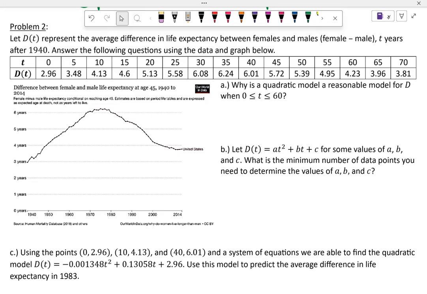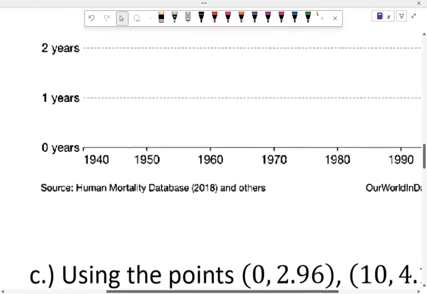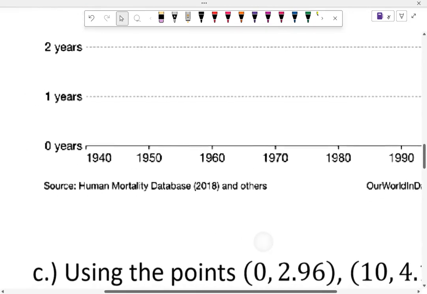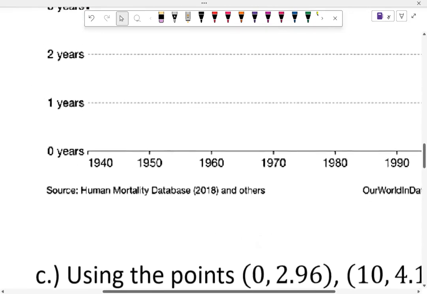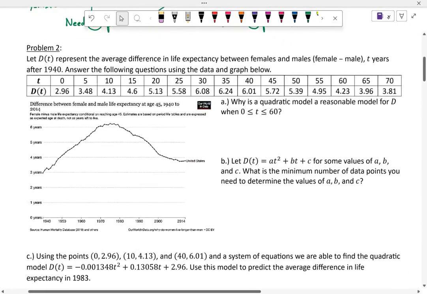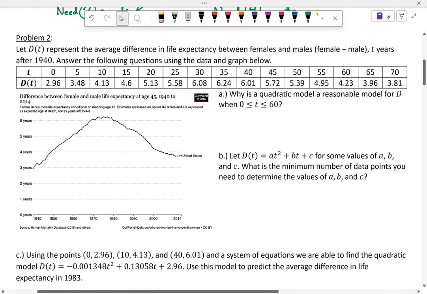So we have all these data points from 0 to 70. This is actually not all the data points. This is real data gotten from the Human Mortality Database. That's interesting. This is from their database.